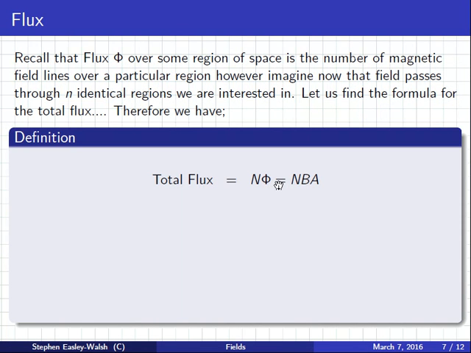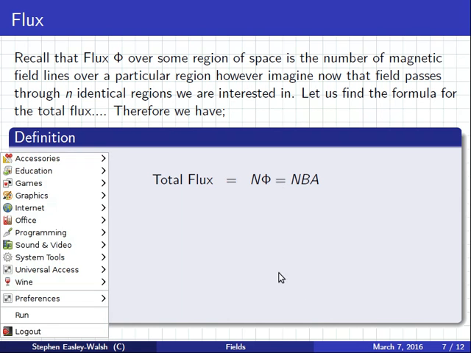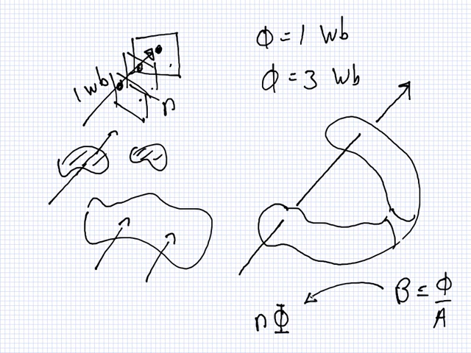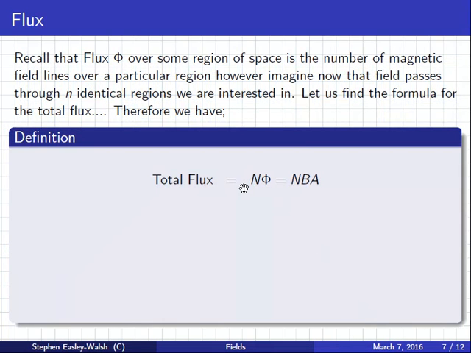But remember, we have this formula. Remember, we have B equals flux over area. So if I put that in there, I can get NBA. So this is the total flux formula.